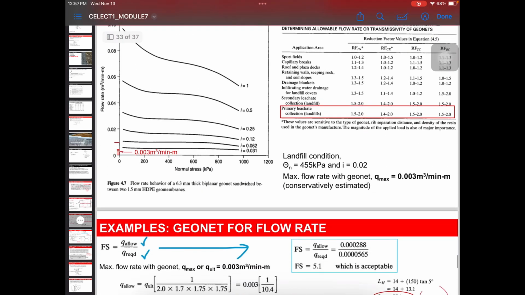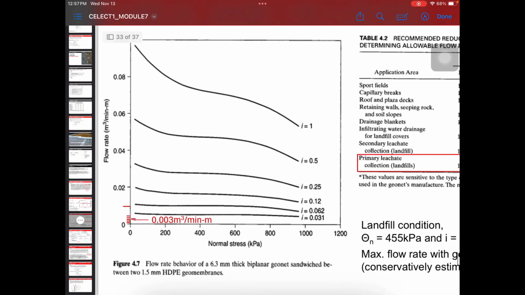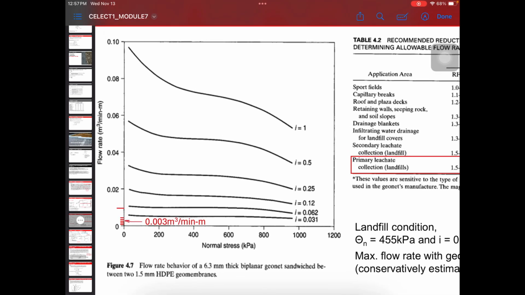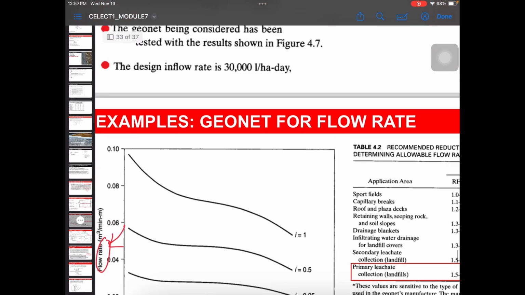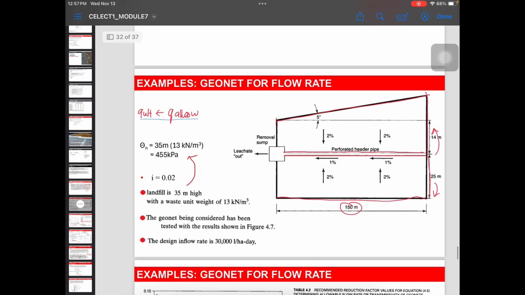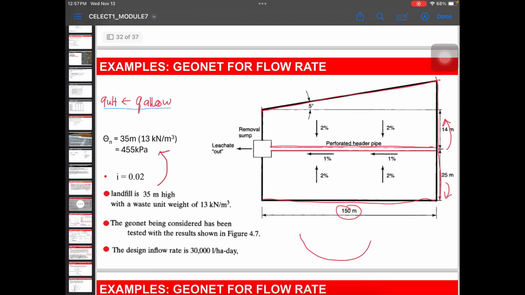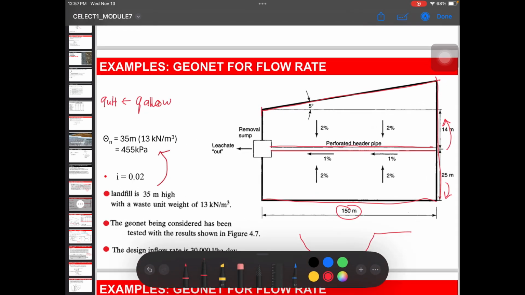So let's see figure 4.7. Nandito yung figure 4.7. Nandito yung flow rate, yan ang kailangan natin. Pero paano yung normal stress? To get the normal stress, may drawing mo yung landfill. Ay, teka. Nako-cover siya. Let me erase muna to.